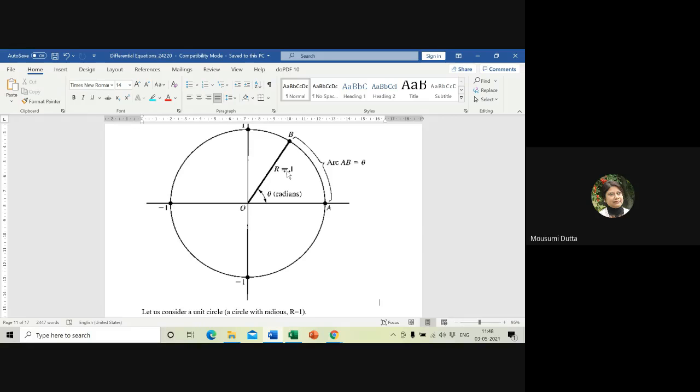Now, if you change the size or the length of the arc continuously, it will change the value of the angle too.